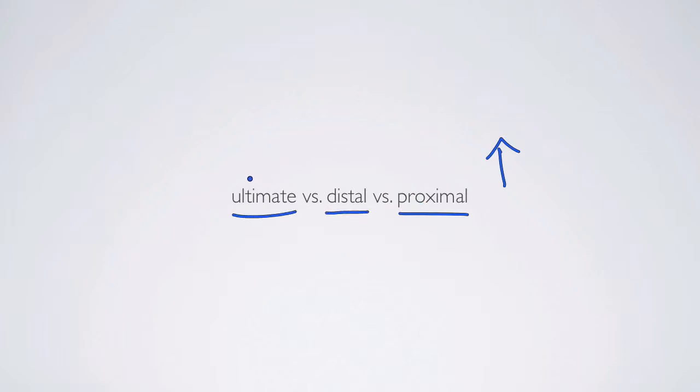And you can have a situation where you can have ultimate limitation by one resource and proximal limitation by a number of resources. Distinguishing whether there's an ultimate limitation or a proximal limitation and something in between, a distal limitation, is not easy, and it takes time with our addition experiments.